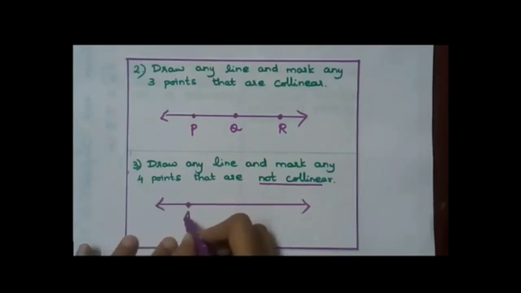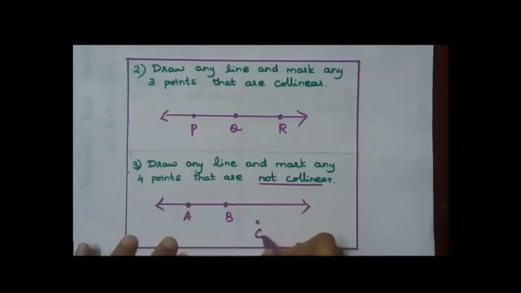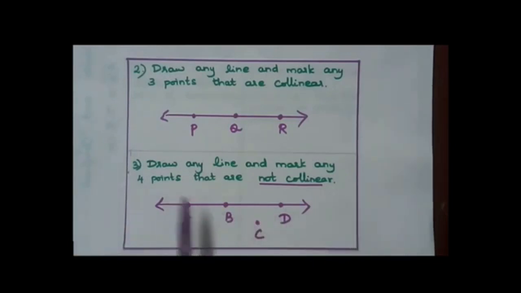So A, B, and I am marking C here and D. Here C is not lying on the straight line. So here C is not collinear. You are asked to mark 4 points that are not collinear.